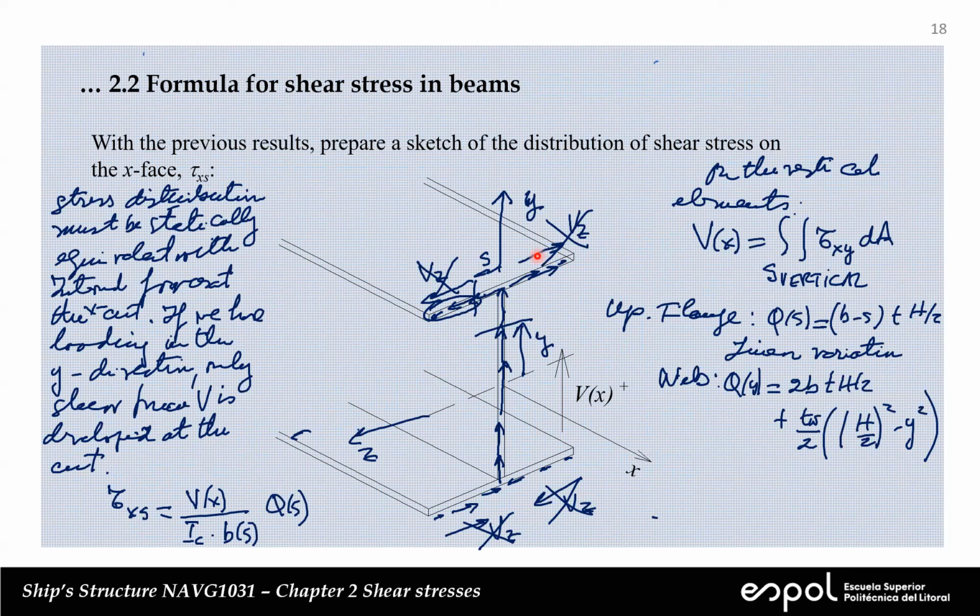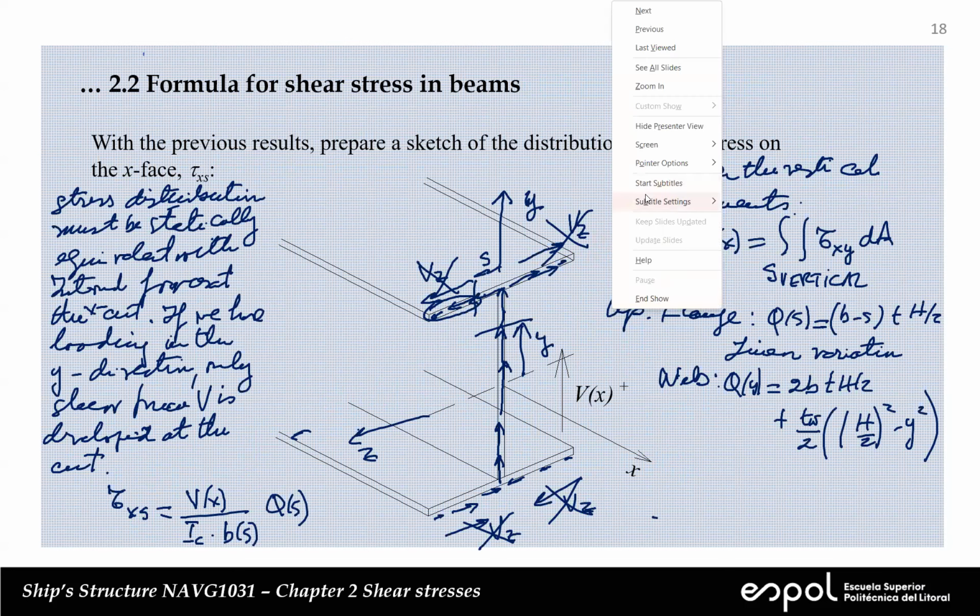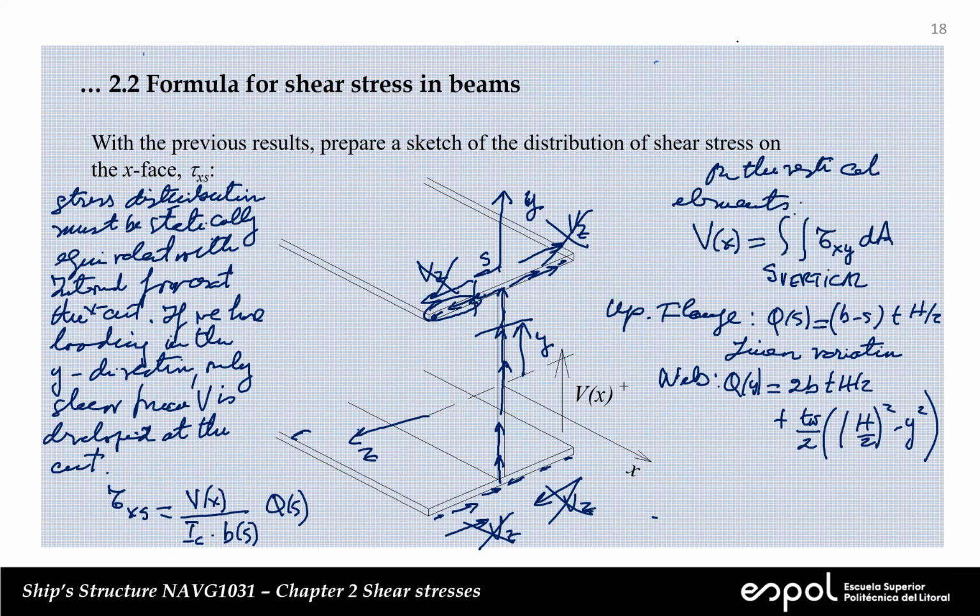We see that it's something which you have to have in your mind. In our chapter, we are considering only external forces in the vertical direction. So we have a beam like this, and we have a force like this, a force like that.